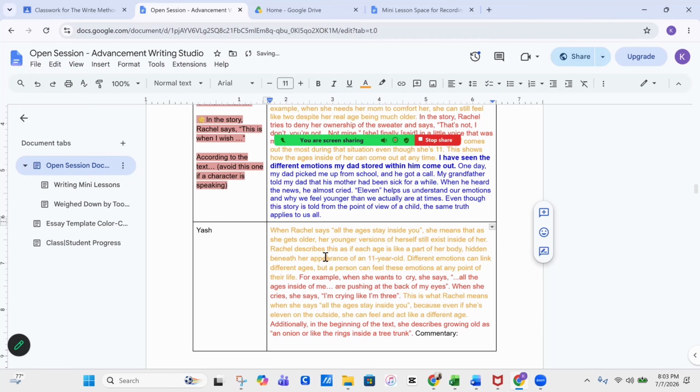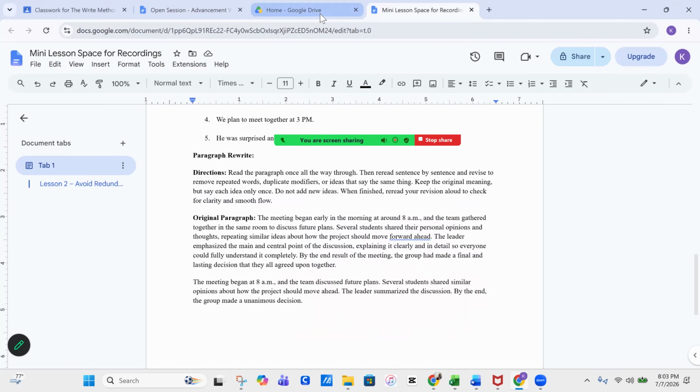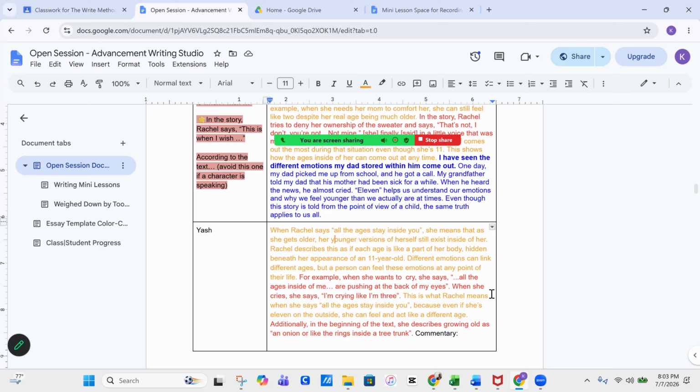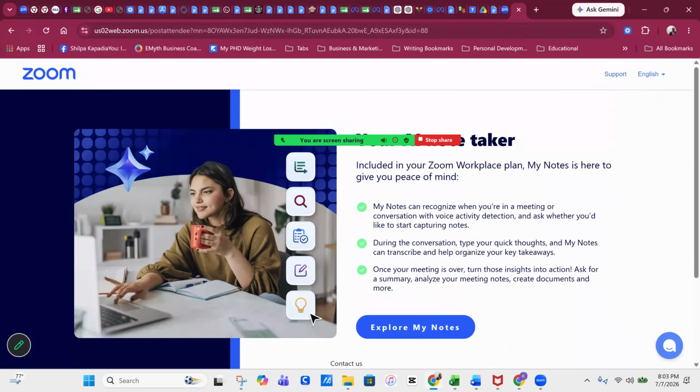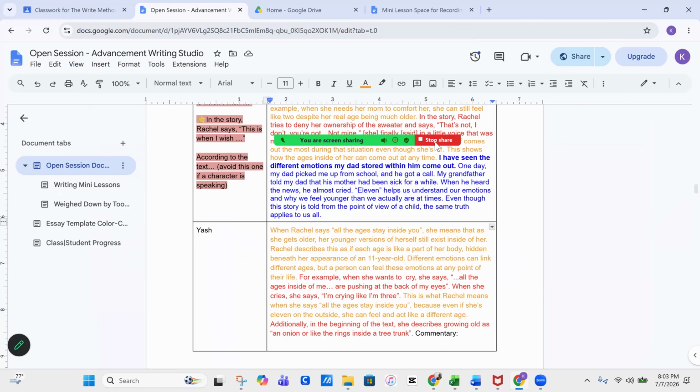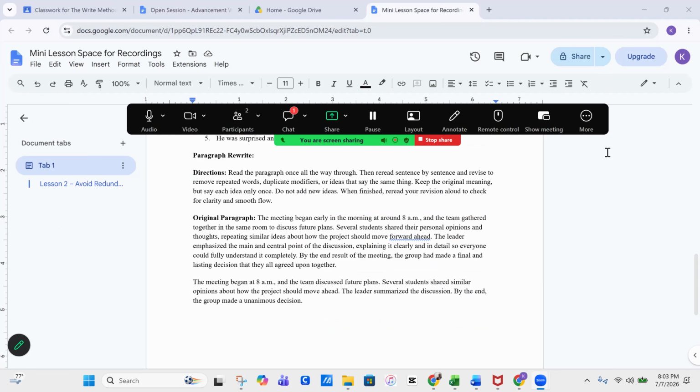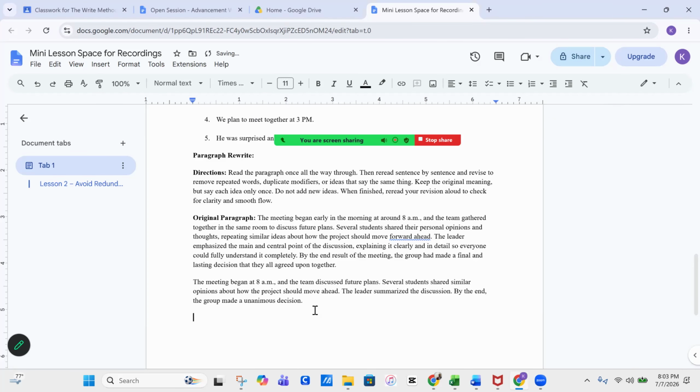Just jot down Rachel, different emotions, and parentheses put evidence. And now, obviously, there's more words here that are important, right? Younger versions of herself. Then you get yourself a blank page, which I can't find. Where did it go? Oh boy. Yeah, so you'd go down here, Rachel.